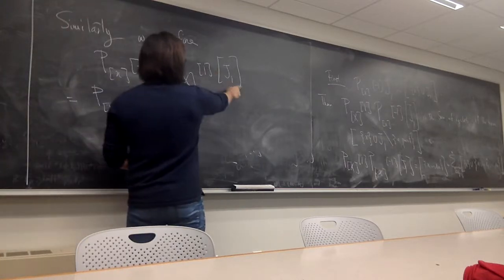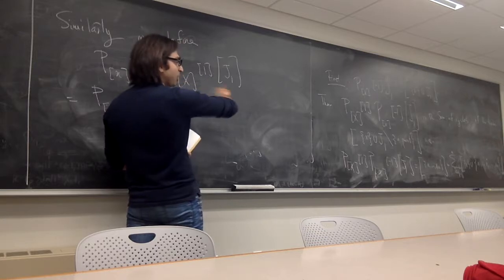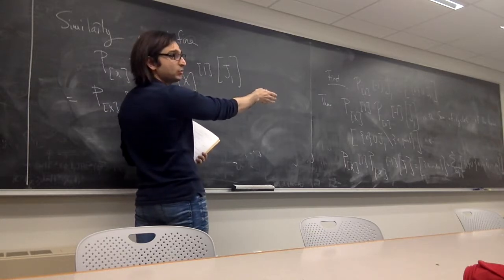Again, what does this do? This is in degree minus 1, so it's an operator from the Hilbert scheme of n points to n minus 1 points.